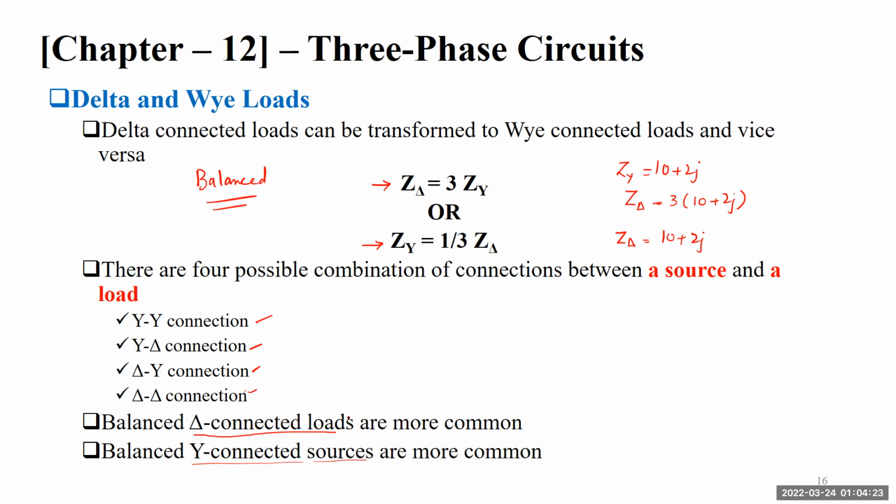So these are some of the reasons why certain combinations are taken up by engineers and developed into certain standards for power distribution, power transmission, and other three-phase or polyphase circuits that are practically used by industry or domestic consumers.